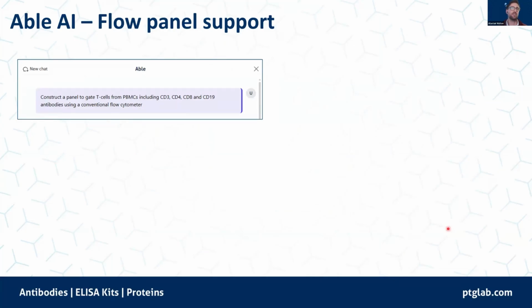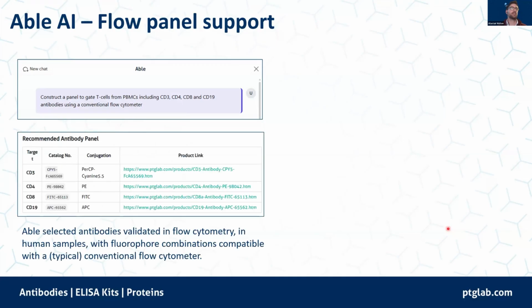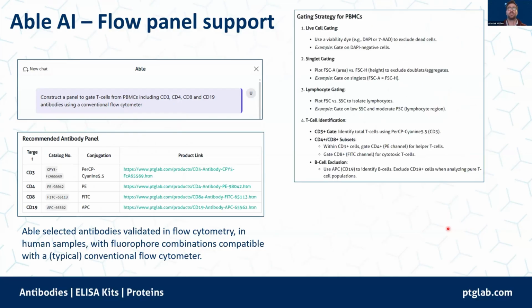In this case, I specified which targets I wanted. I didn't specify the fluorophores, and I just said that I was going to be using conventional flow to do this. And within a few seconds, Able very quickly presented me some recommended antibodies that we offer at Proteintech with fluorophores that are compatible in the context of a typical conventional flow cytometer. But beyond that, Able also advised me on some gating strategy considerations.